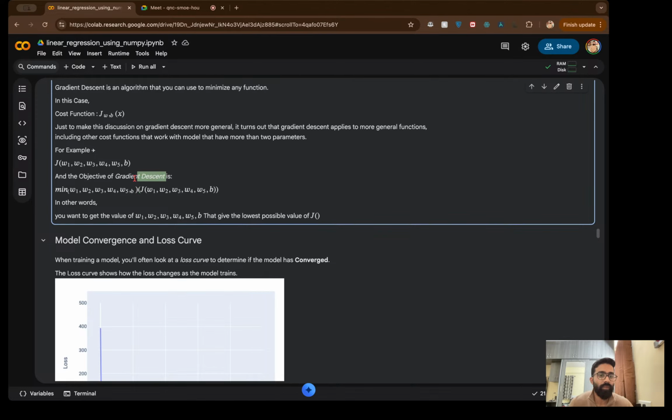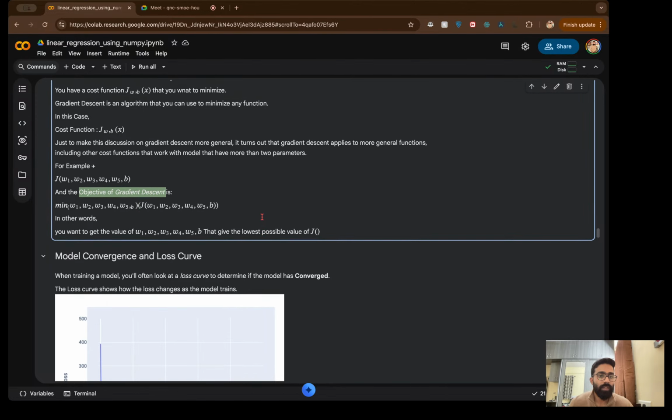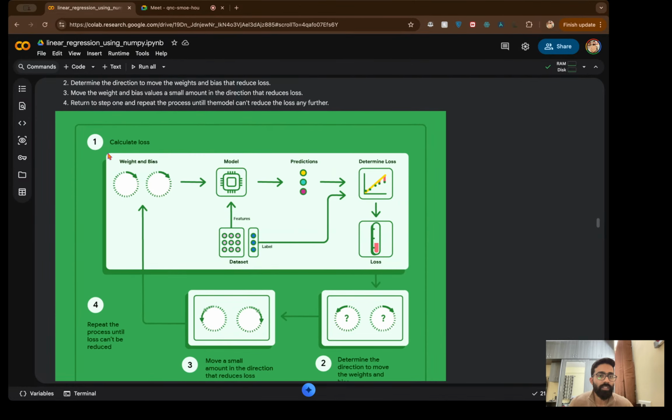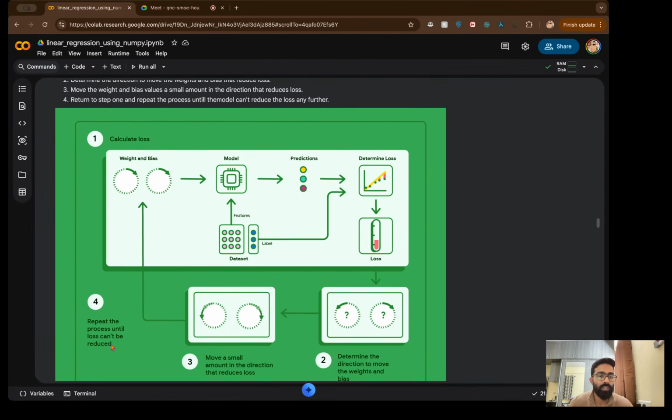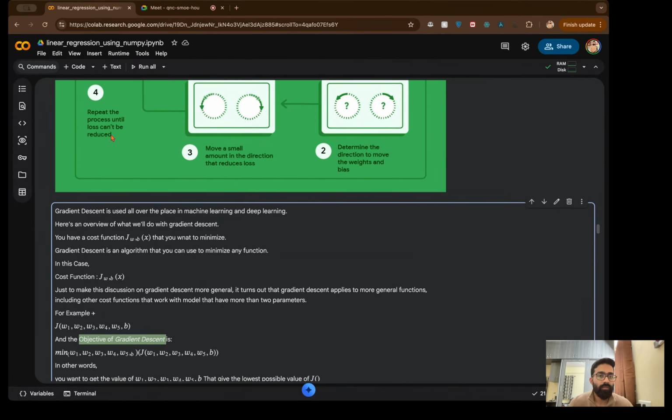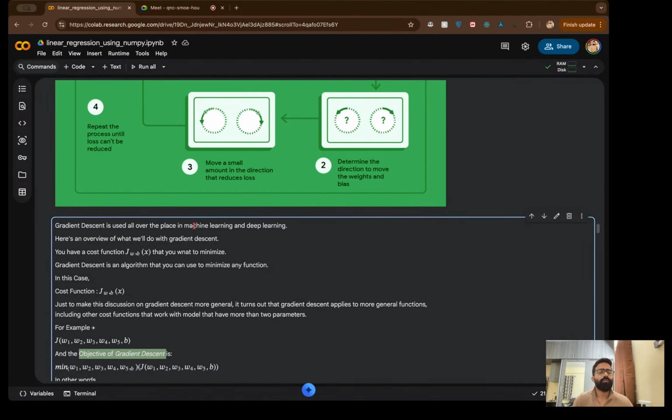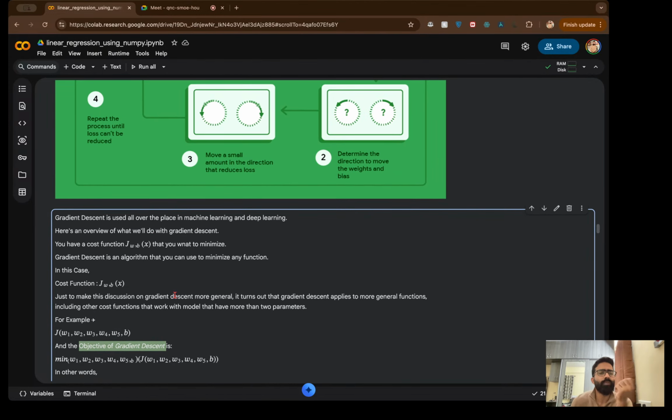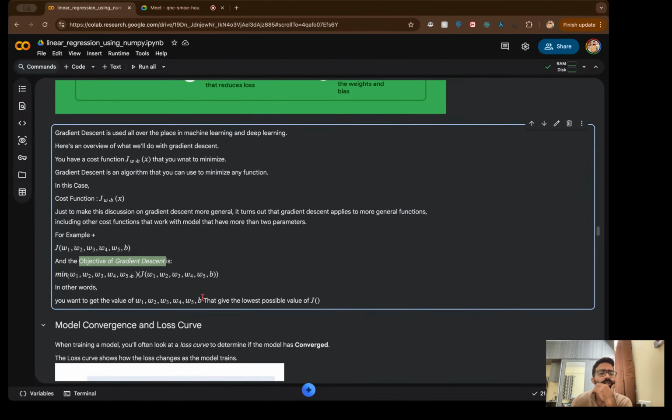This is the objective of gradient descent, right? What is it? Repeat until the loss can't be reduced anymore. Correct?